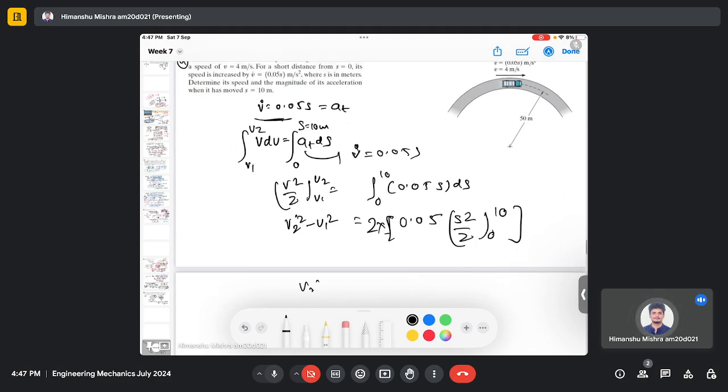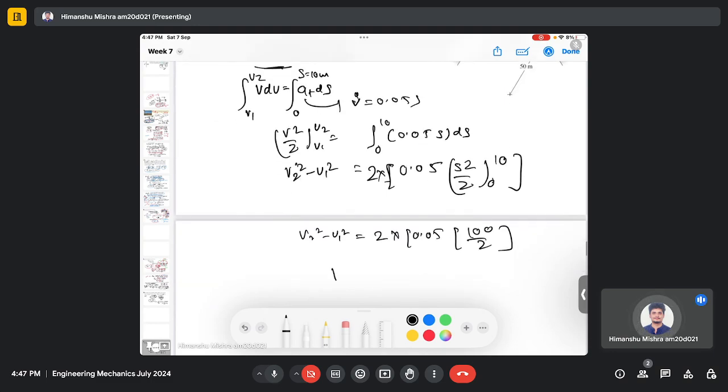So v2 squared minus v1 squared equals 2 times 0.05 times 100 by 2, and if you solve you will get v as 4.58 meter per second.